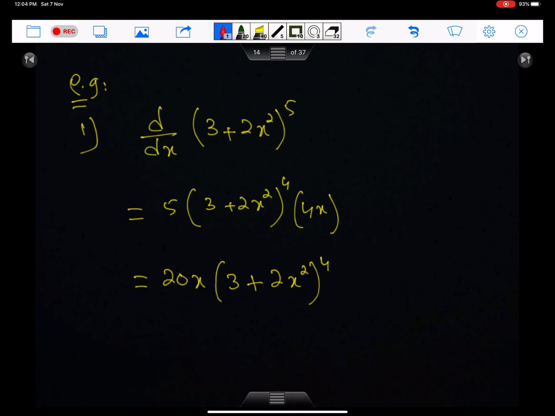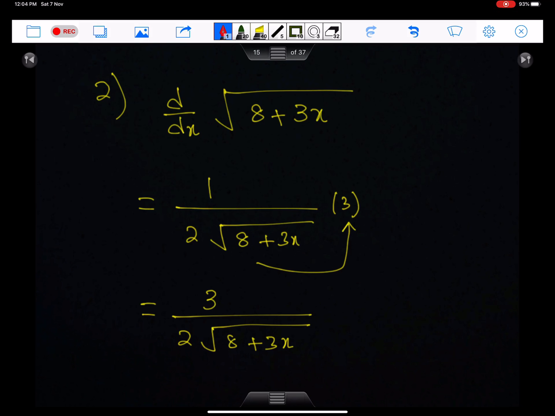How to differentiate this function? See, first make power coefficient, subtract power by 1, copy the function during the simplification of the power, and then differentiate the bracket or function. And this is the simplified form of the function, the answer.